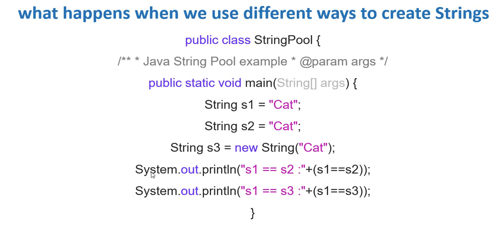And then here we are checking, be very careful with these two statements. We are saying if s1 is equal to s2, print true.